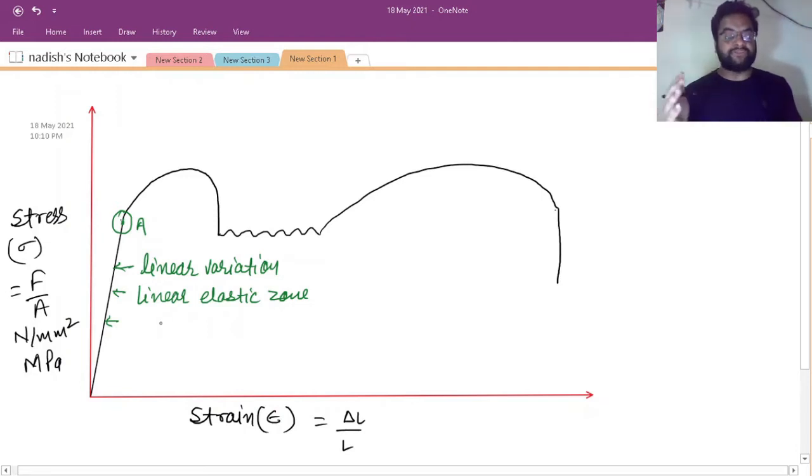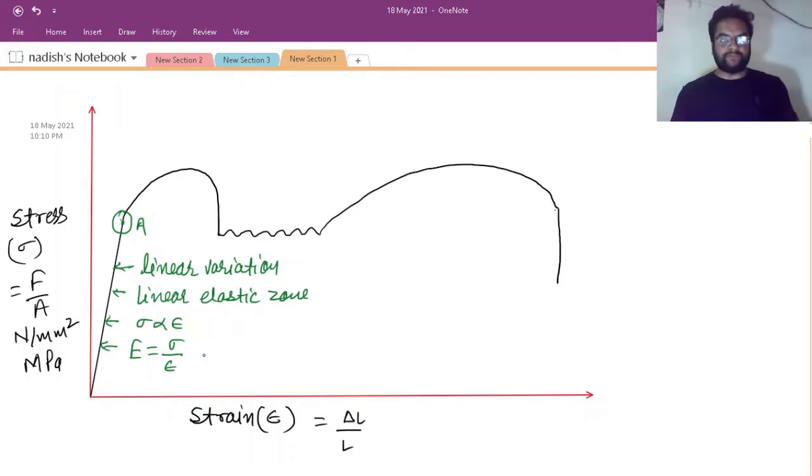Hooke's law is that stress is directly proportional to strain, which contains a constant of proportionality E. So we can say that E is equal to stress divided by strain, and therefore it can be said to be the slope of the linear curve, and this E is known as the modulus of elasticity.